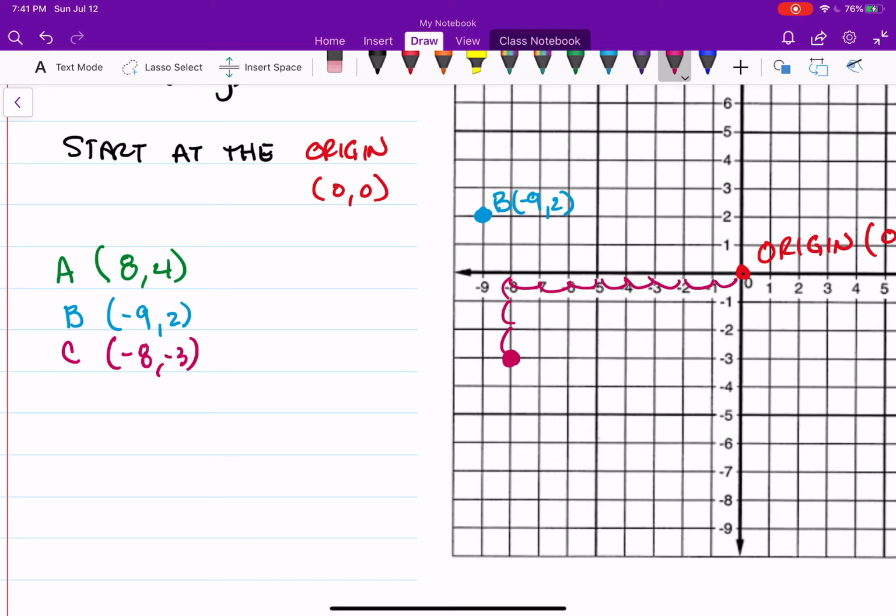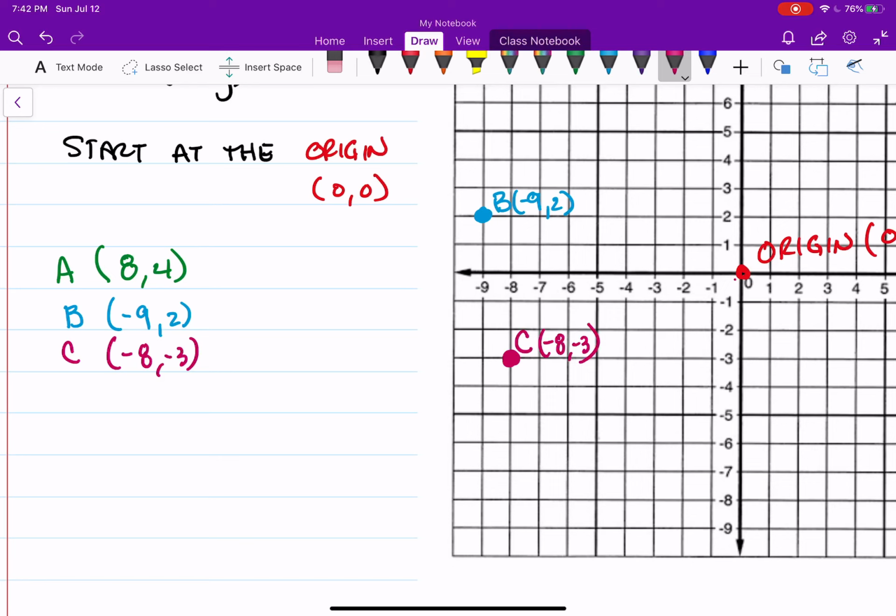It all depends on the value of the x and the y. Since the x is negative 8, when I start at the origin, I go left for negative. Then when I get to that point, I move my y value, which is negative 3, so I go down 3, and down means negative. This is my point C, and that point is (-8, -3).